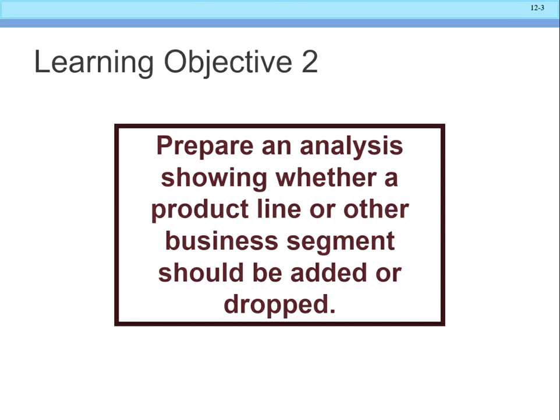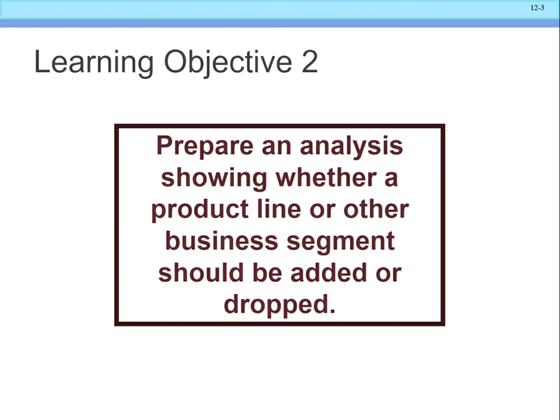Learning objective number 2 is prepare an analysis showing whether a product line or a business segment should be added or dropped. Within this section, our interest is to look at whether we'll be better off closing a division or leaving it open.